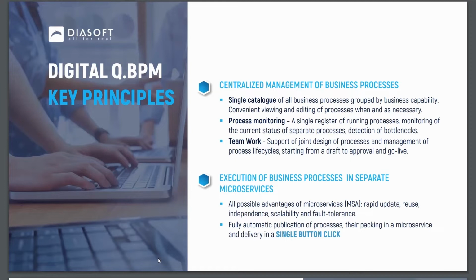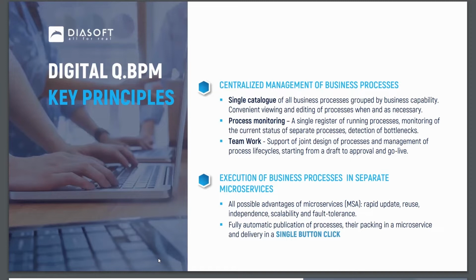The Business Process Management System provides a single catalog of all business processes of the organization. It contains convenient tools for structuring of these business processes and providing access to them. The platform also contains design tools for creation and editing of business processes and their publication.